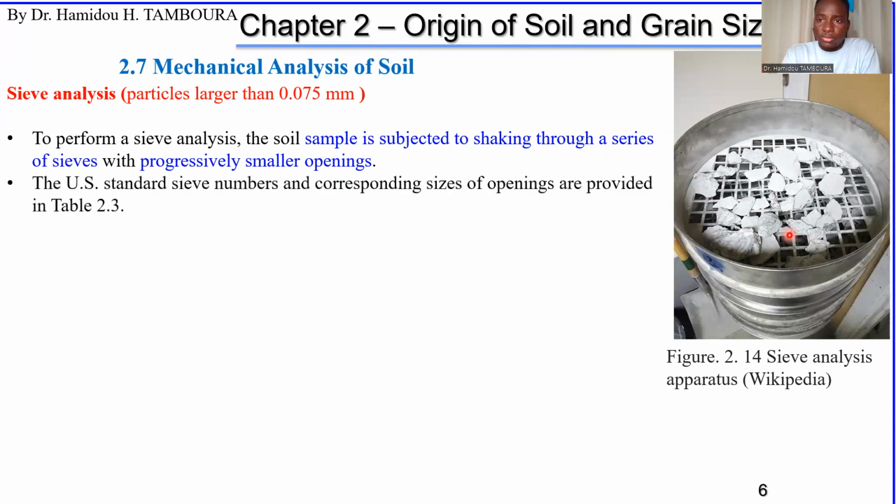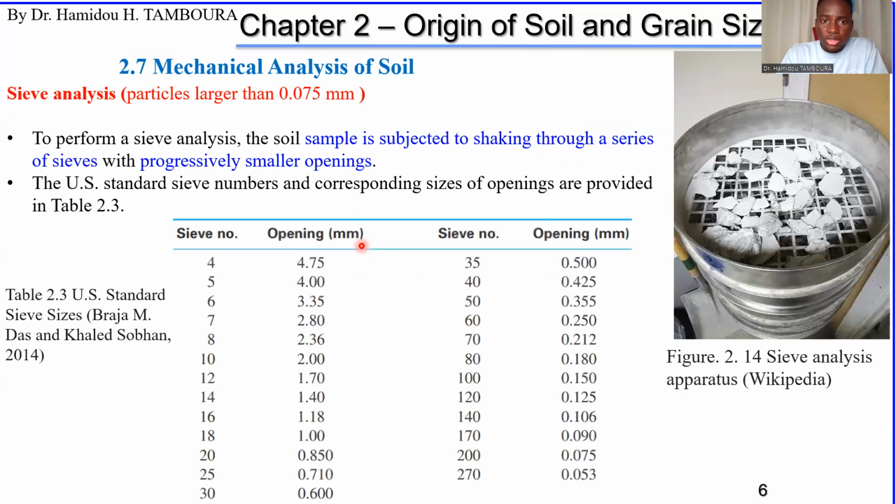So, for example, if you take the US standard sieve, the sieves have numbers. From the top one to the bottom one, they have numbers. So for the US one, this table is showing the sieve number and the size of the opening.